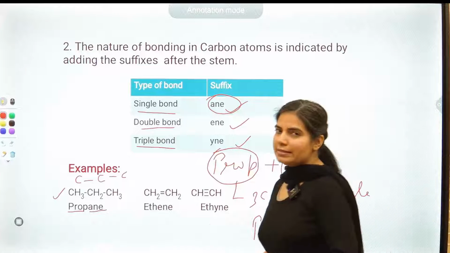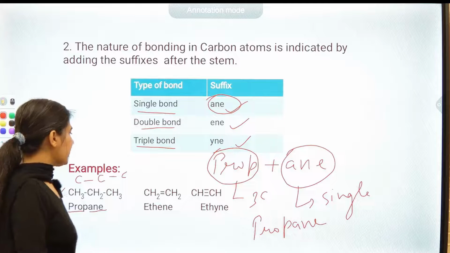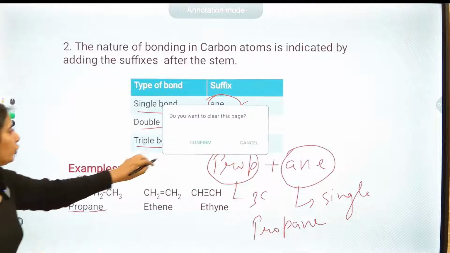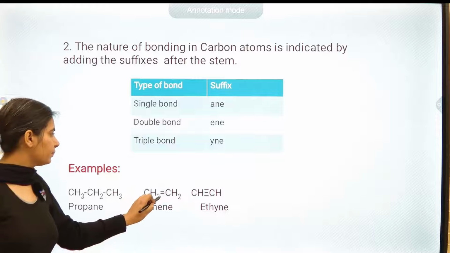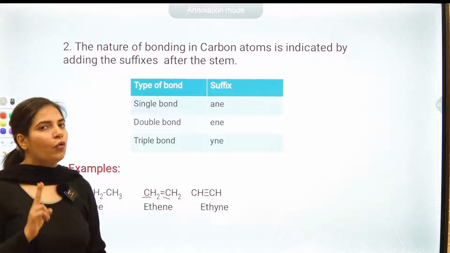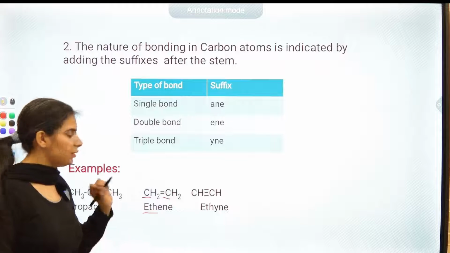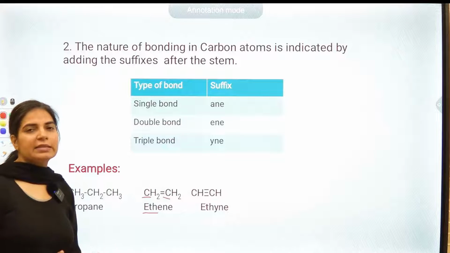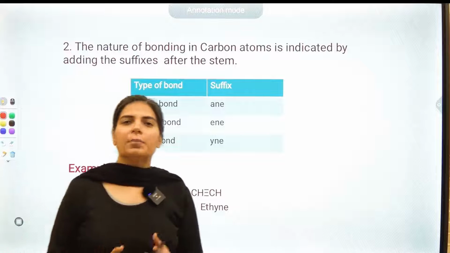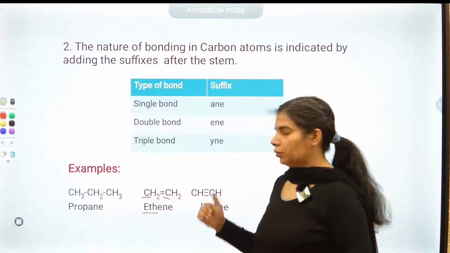Let's consider the second example. In the second example, we have 2 carbons. And we know that for 2 carbons, we are going to use eth. Here, in this example, we have a carbon-carbon double bond.